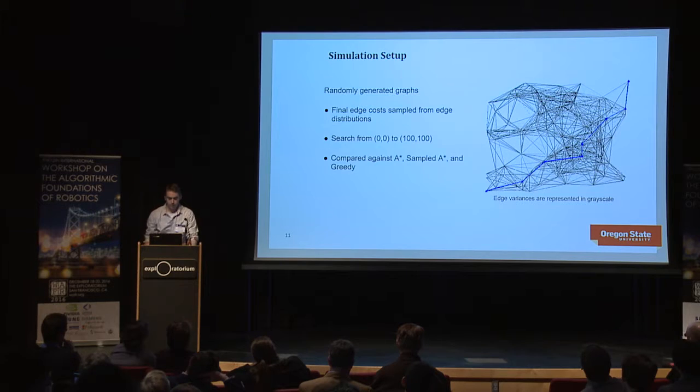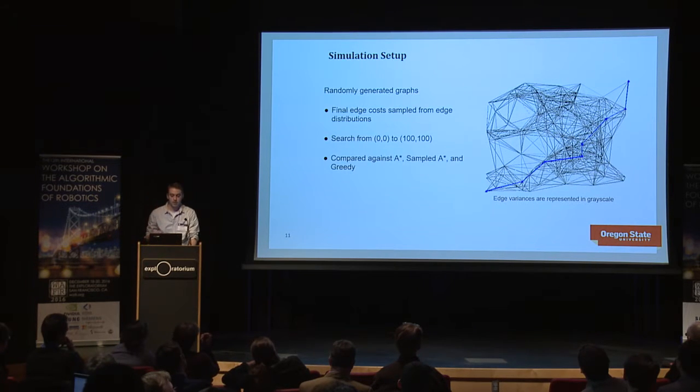Okay, so in order to do this, we set up a simulation where we randomly generate graphs and we sample the edge costs from distributions between 0 and 100, and we're trying to navigate through the graph. We're going to compare this against A star, sampled A star, and greedy.